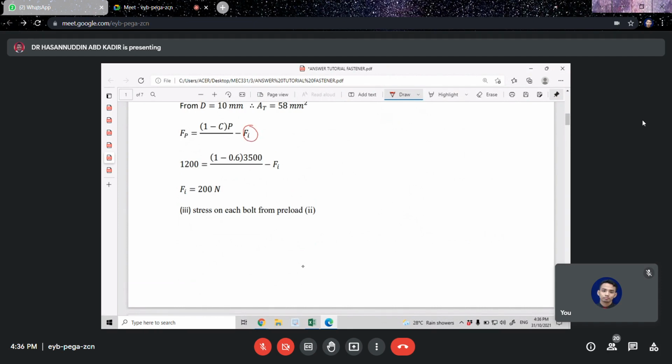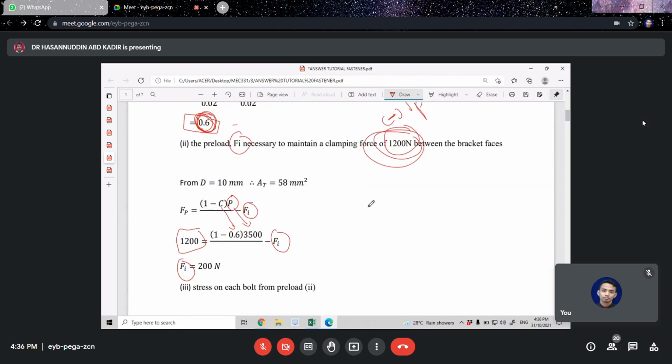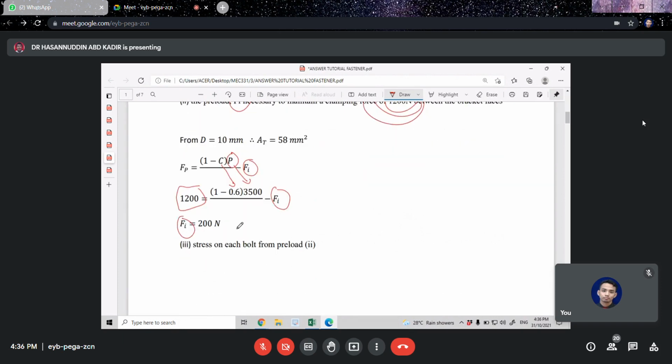FI is what they ask you to find. But P is already given in the question. C is from question number 1, and FP is given on the completion, 1200. Then you can get the value of FI here. We call it the proof load, the initial load.